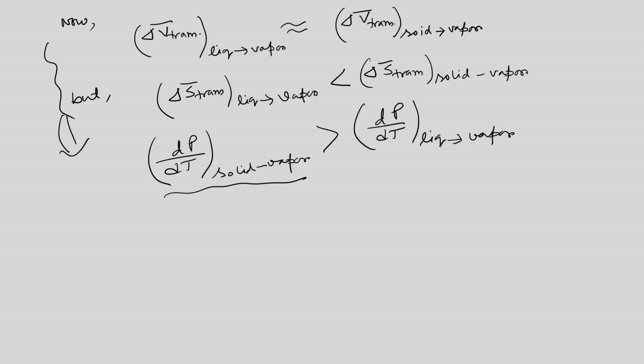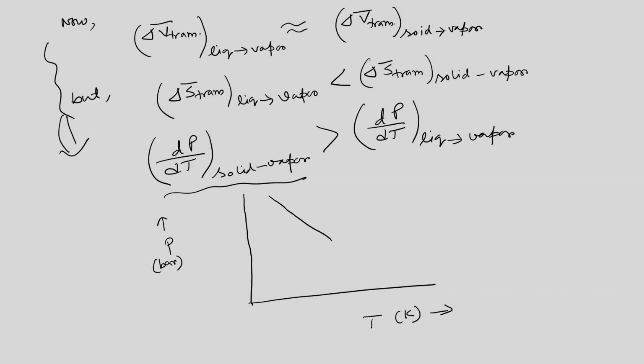Okay. Now, we know the phase diagram of water, but we are again drawing it with the information we have now. So, this is pressure in bar, suppose, and this is temperature in Kelvin. So, we get curves like this, and this.